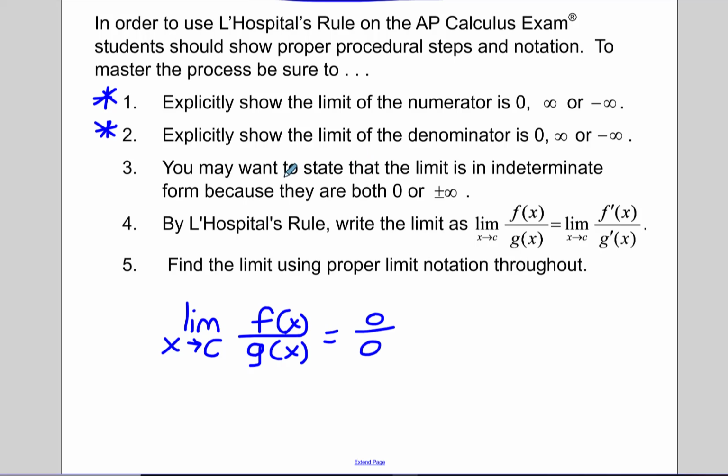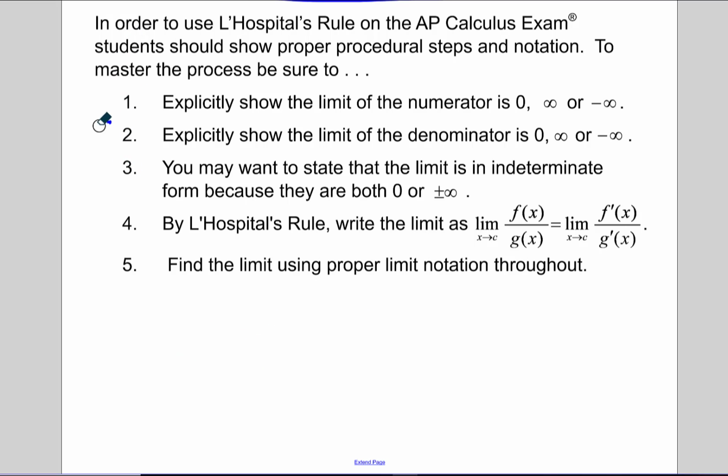You may want to state that the limit is indeterminate form because they are either both 0 or negative infinity. Now, as a disclaimer, I'm not a grader, so I can't speak to the grading, but I can just tell you what I've been told.